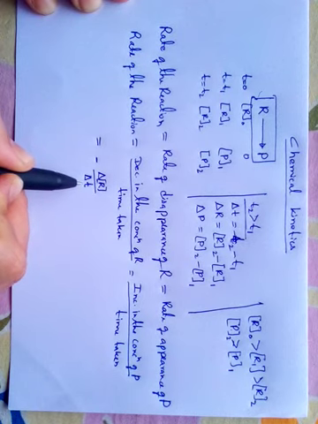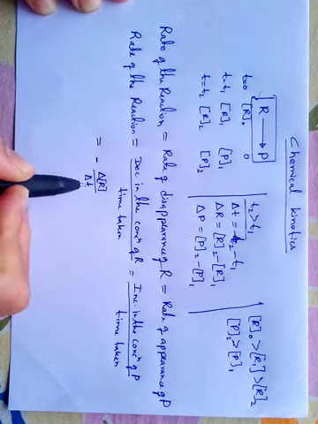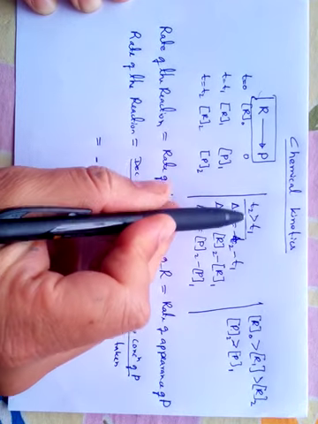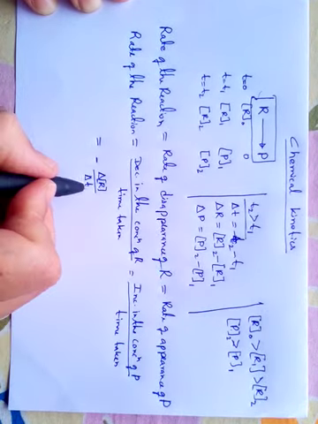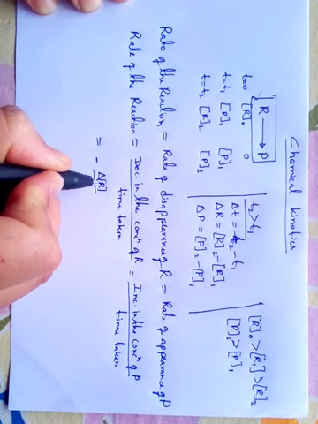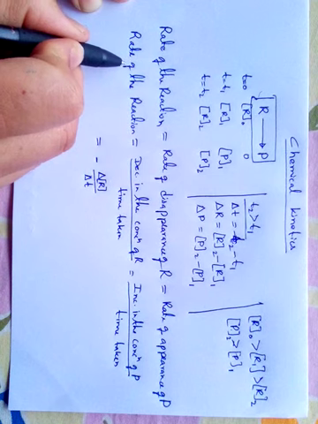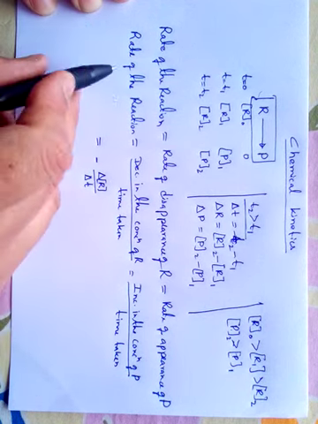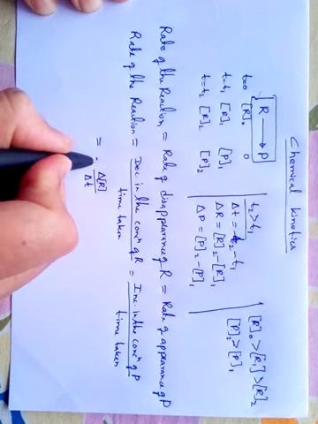Now time is always positive, because delta t means t2 minus t1, and t2 is always greater than t1. So overall this expression gives a negative value. But we know the rate of a reaction is always a positive quantity. To make the rate positive, we have to introduce a negative sign.